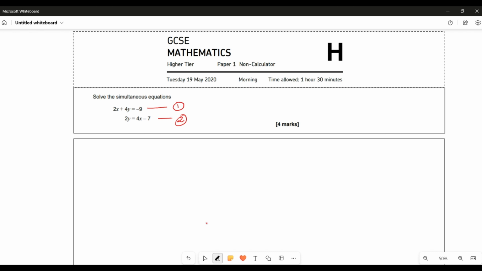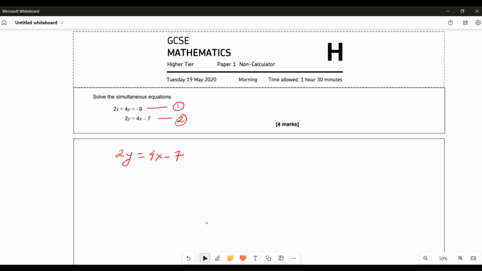From equation 2 we know that 2y equals 4x take away 7. If you want to make y the subject, the first thing is that you need to get rid of that 2, which is the coefficient of variable y.